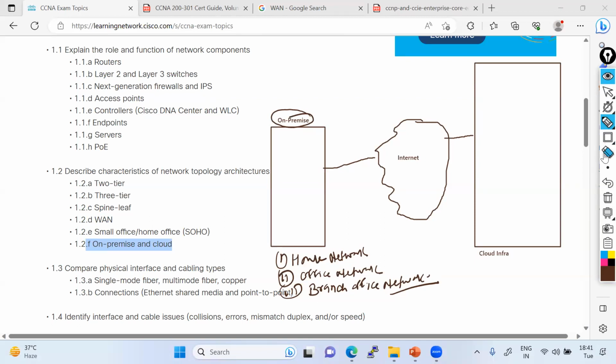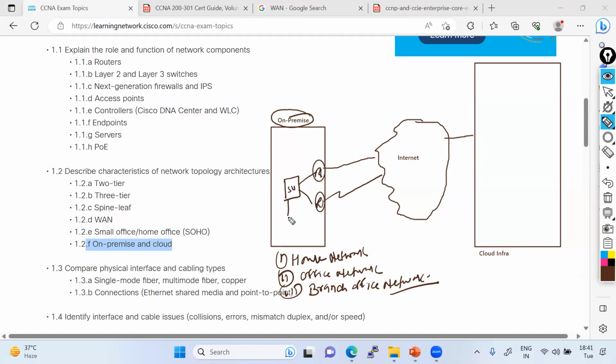So in on premises, you could find the router is connected. Behind the router might be dual router is connected. This dual might be connected with the ISP. Behind this router, we having a switch connected here. This is your switch, right? This is your router.